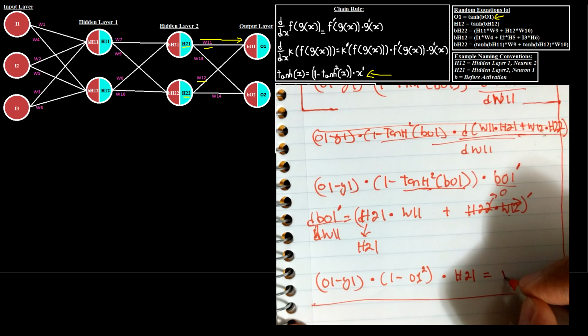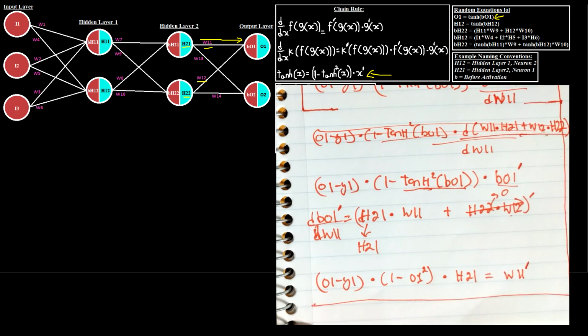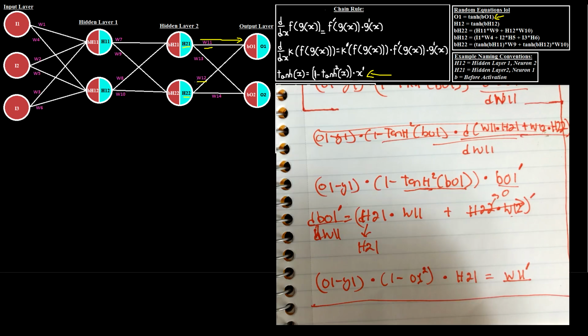This right here is equal to W11 prime, that prime value that we were looking for to update our weight 11. And guess what? Calculating the prime value for weight 12 is just as easy as this.